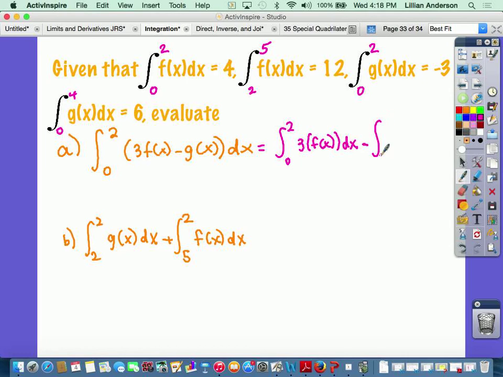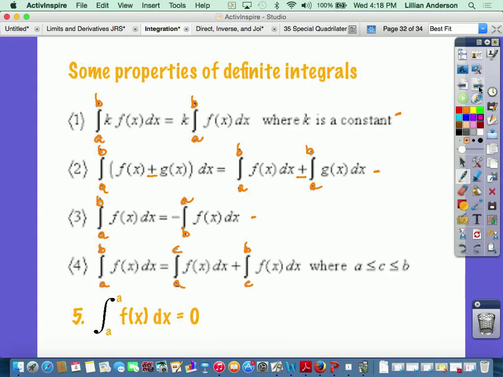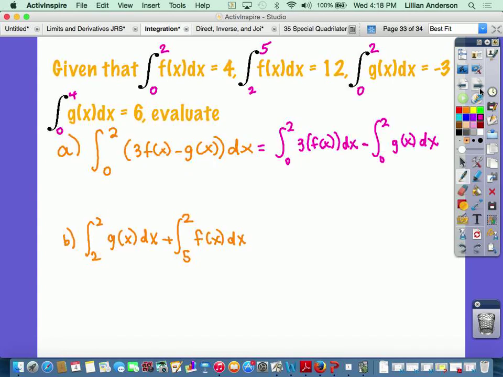So this is what you're going to have here, using the second property to separate it like so. If you look at the very first part, the one that has the 3f of x, you can actually apply the constant property, the very first one, and pull out a 3 to get this.